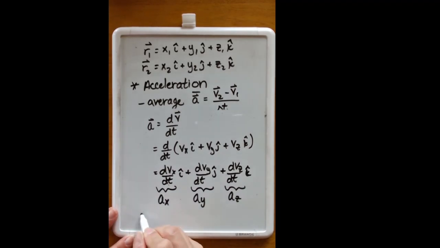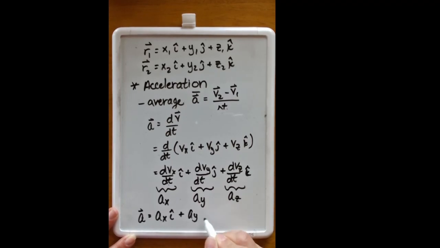So our instantaneous acceleration would be written as our x component in the i direction, the y component in the j direction, and the z component in the k direction. Okay, so that's all we're going to do for today. It was just to introduce you to vector notation, this idea of unit vectors, because you will see unit vectors come up.